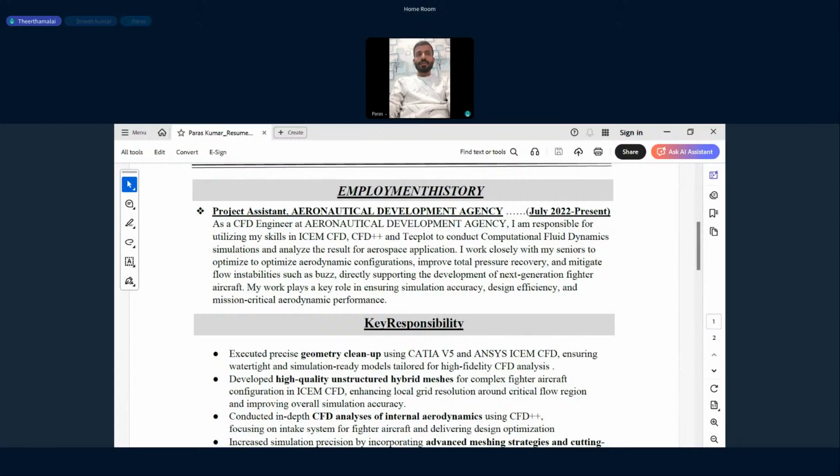Have you heard of over expanded and under expanded? Yes, sir. So what does it depend on? Over expansion is when P exit is less than P ambient, and when P exit is greater than P ambient, then under expansion will come.